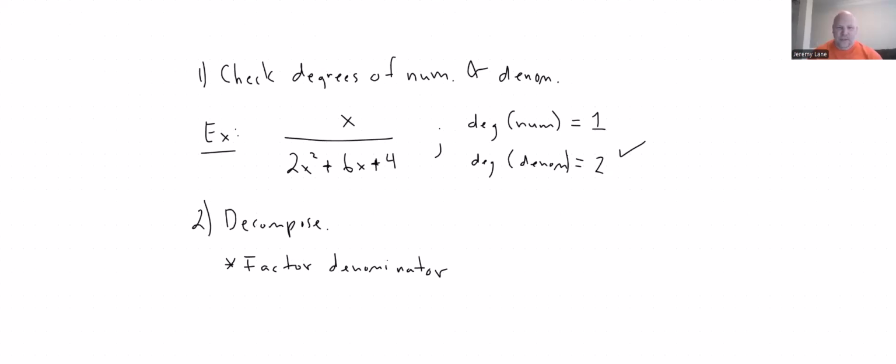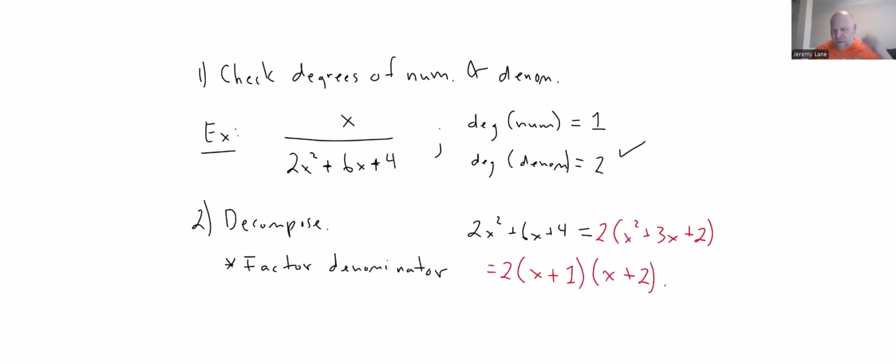So we're going to take this 2x squared plus 6x plus 4, and we are going to write this as 2 times x squared plus 3x plus 2, and then we're going to be able to write that quadratic as x plus 1 times x plus 2. So there's my factorization for the denominator.